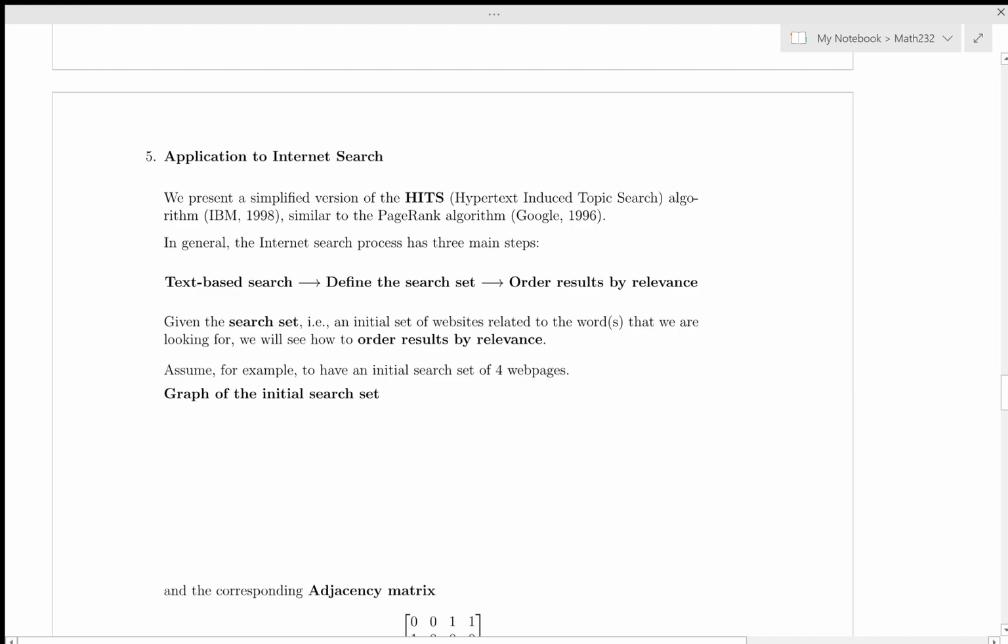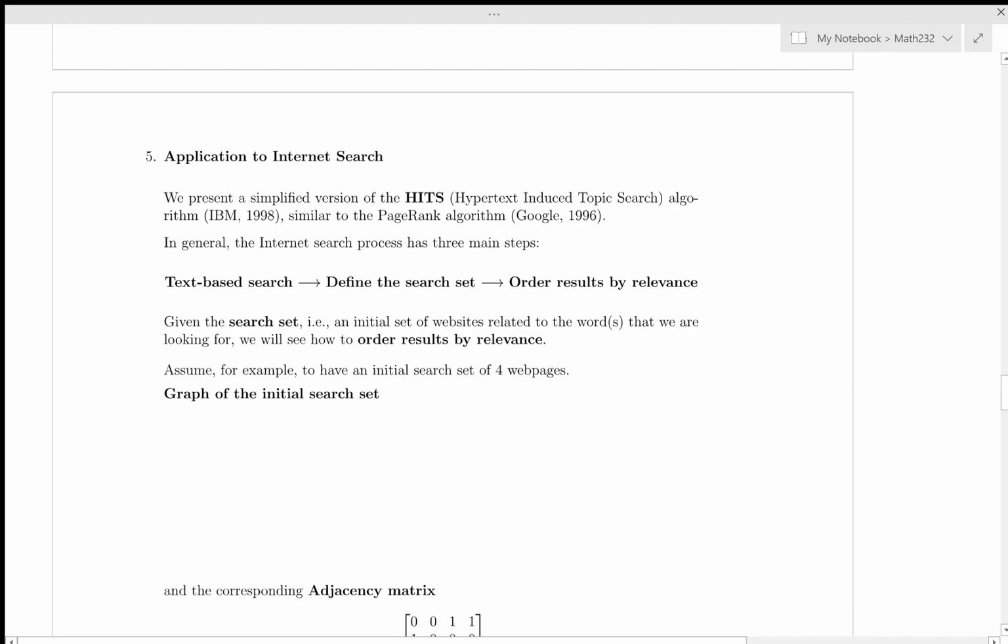Basically, you do a text search and find where words are on a variety of different websites, and then you determine which websites link to other websites. Out of all these things that you found, which one do you show the person first? What is the dominant site? That is what you want to put at the top of your search results.